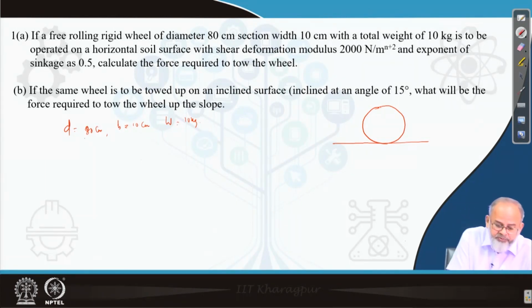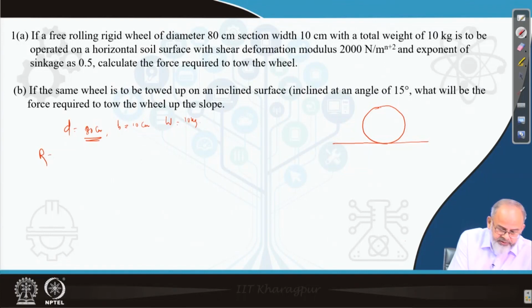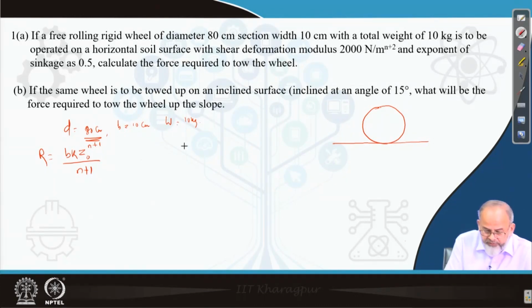Since the diameter is not less than 80 centimeter, we can conveniently apply Baker's equation for finding out rolling resistance, which is nothing but R is equal to B K Z0 raised to the power n plus 1 by n plus 1. We are interested in Z0, because Z0 is not known, so we have to find out the value of Z0. Now, this is W.